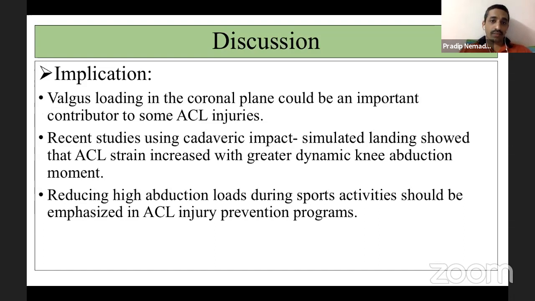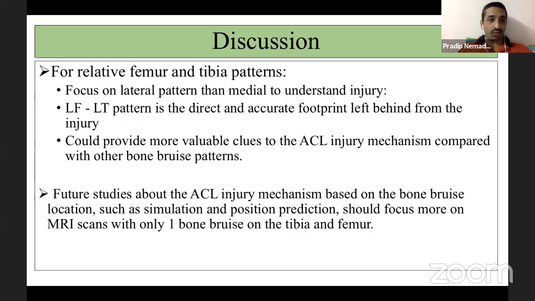The implication of that result is that valgus loading in the coronal plane could be one of the most important contributors in ACL injuries. Recent cadaveric studies have also shown that ACL strain increases much more with a greater dynamic knee abduction moment, and reducing the high abduction force could be one of the preventive mechanisms when we are trying to prevent ACL injuries.